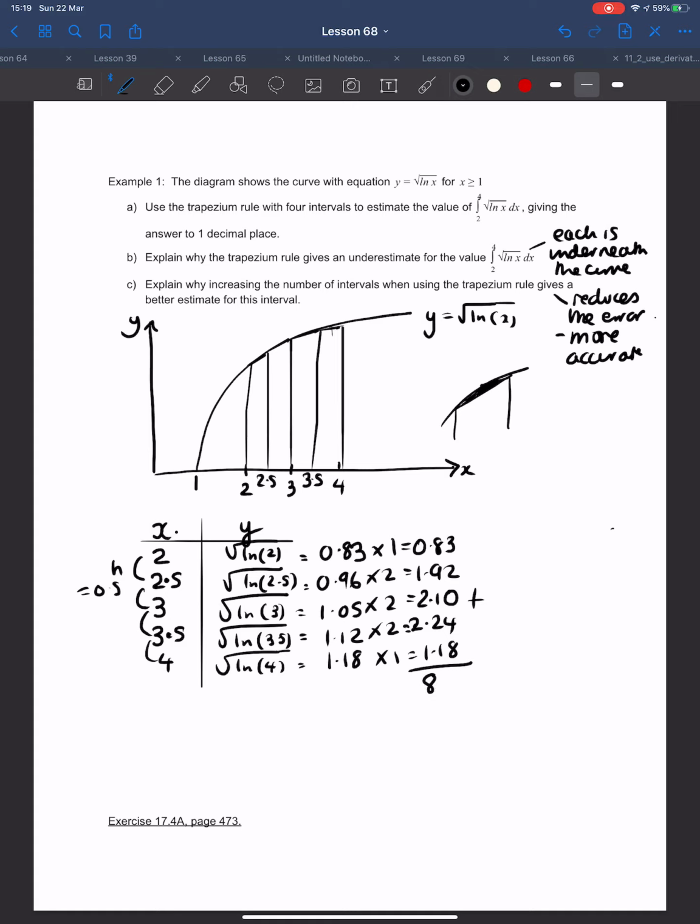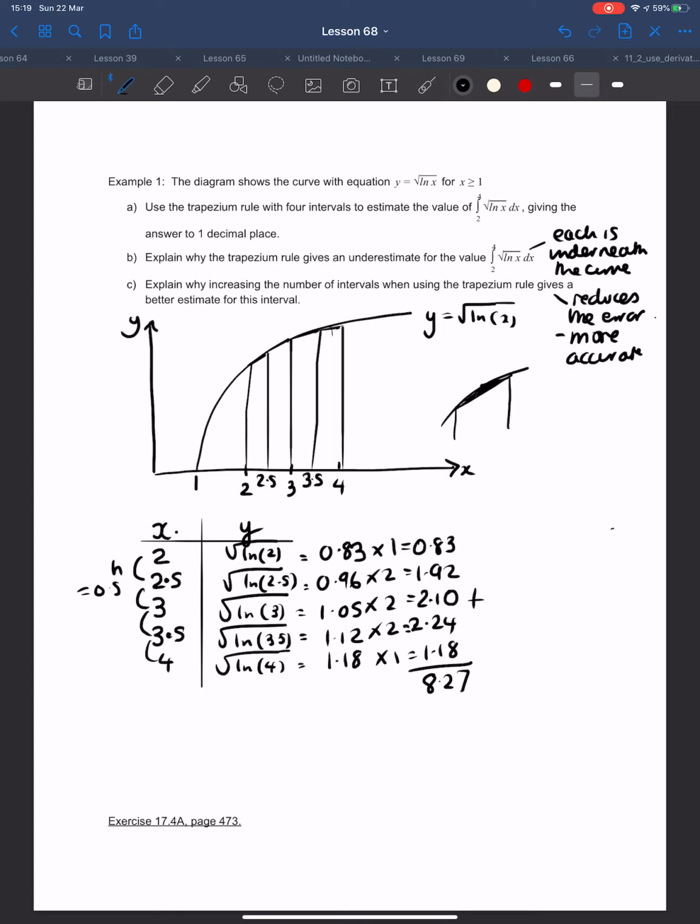So that adds up to 8.27. Just do a quick check there.